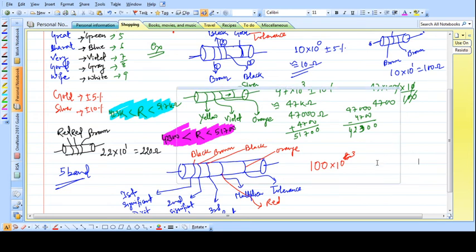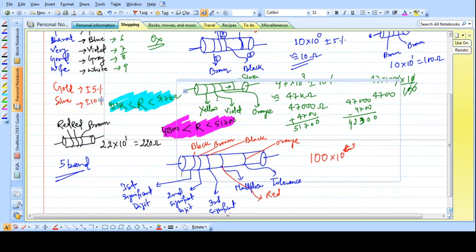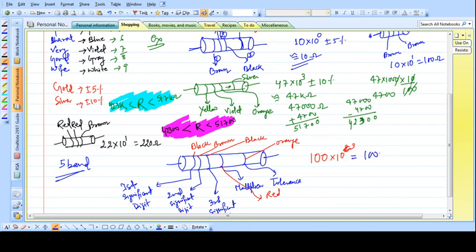That was my mistake. So this one is 100 times 10 to the power 3 plus or minus some tolerance.